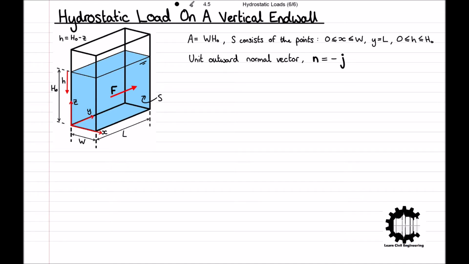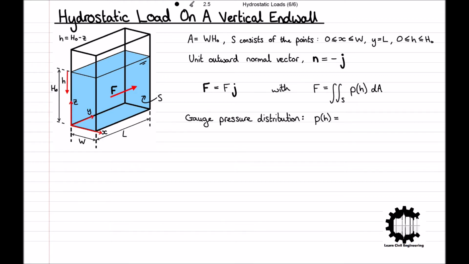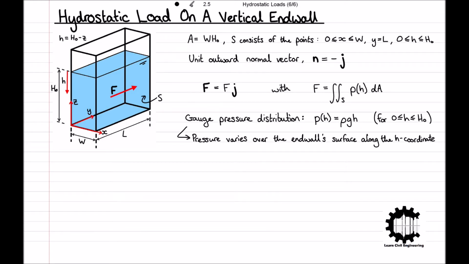Therefore, taking the equations we learnt in the video introducing hydrostatic loads, we have the hydrostatic force F equals F times j, with the force F equal to the surface integral of P with respect to h, with respect to A. We know that the gauge pressure distribution, in terms of depth h, is P of h equals ρgh, for h equals 0 to h equals h0, and therefore, as the h coordinate varies over the end wall's surface, the pressure also varies over the end wall's surface.